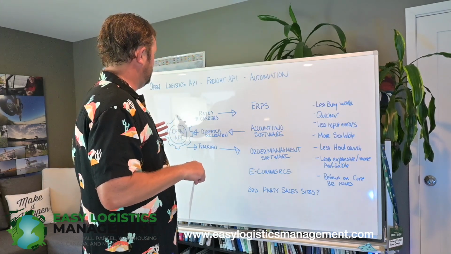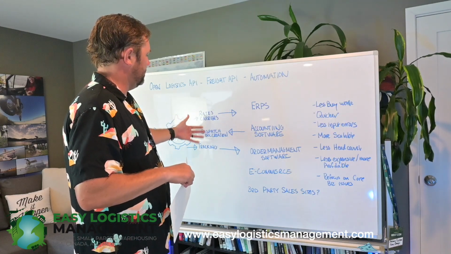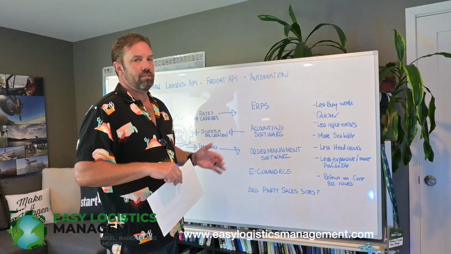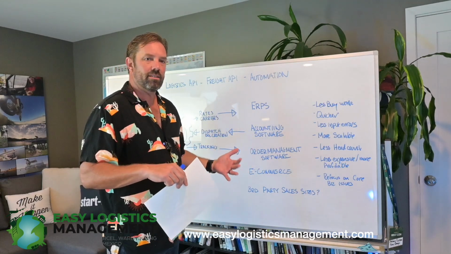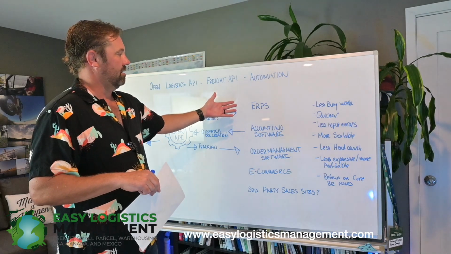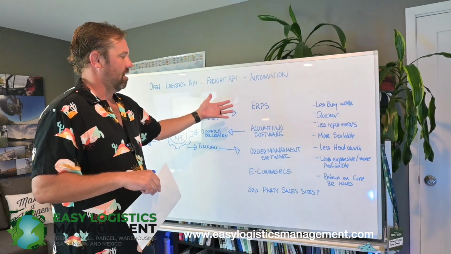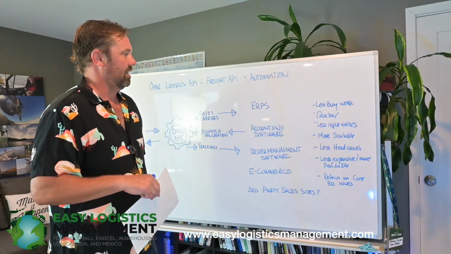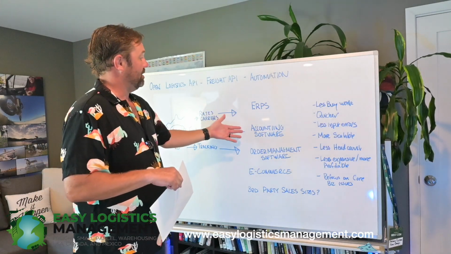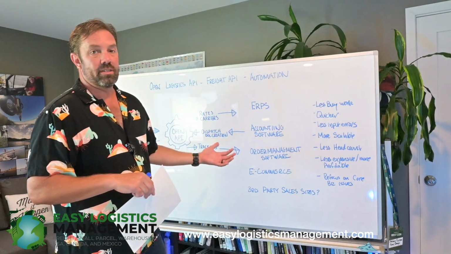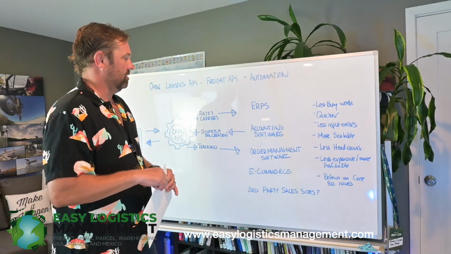But these open APIs, rates, dispatching, and tracking primarily, can communicate with ERP systems like NetSuite, SAP, Oracle, or basically any ERP business software that you would run your company with that can communicate in API. Accounting software, Microsoft Dynamics, I think even QuickBooks Enterprise has an API-enabled software system.